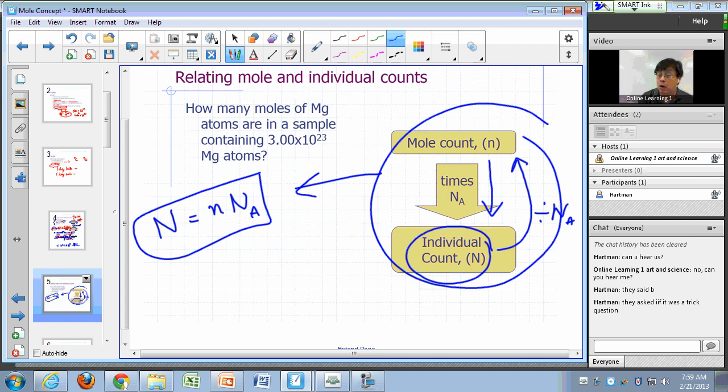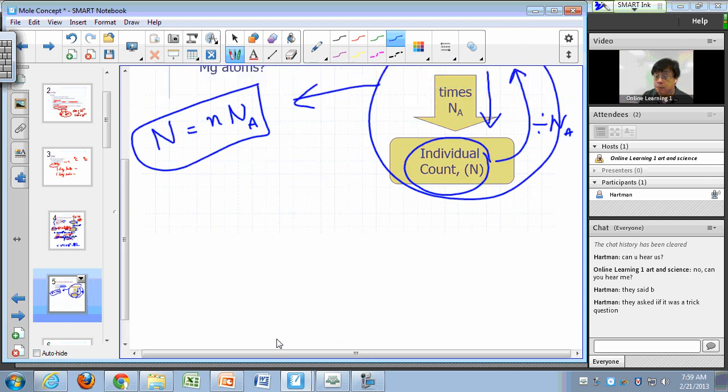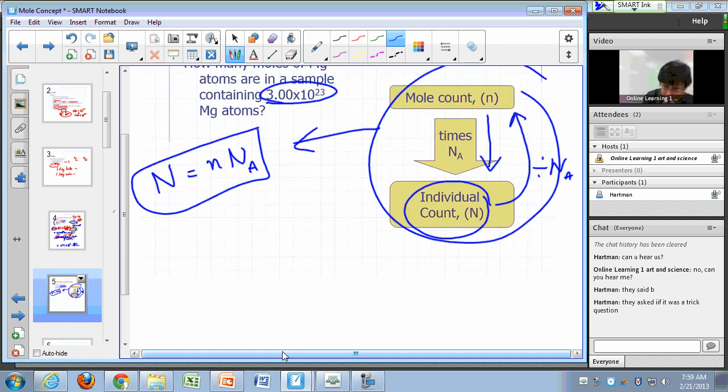So if I know my actual count, I know the actual number of atoms, I can change that to a mole count. It's like saying if I have 24 items, I change it to a dozen count, I divide it by 12. This time you divide by Avogadro's number. So if your individual count is 3 times 10 to the 23rd, I want to solve for n here.